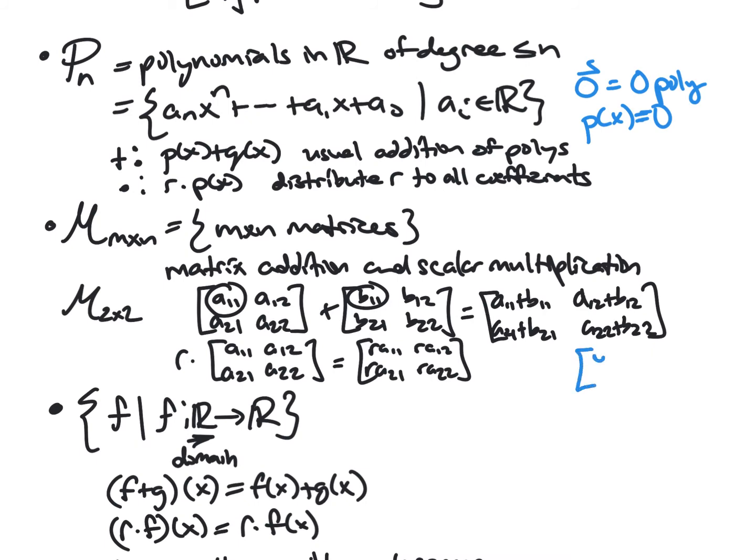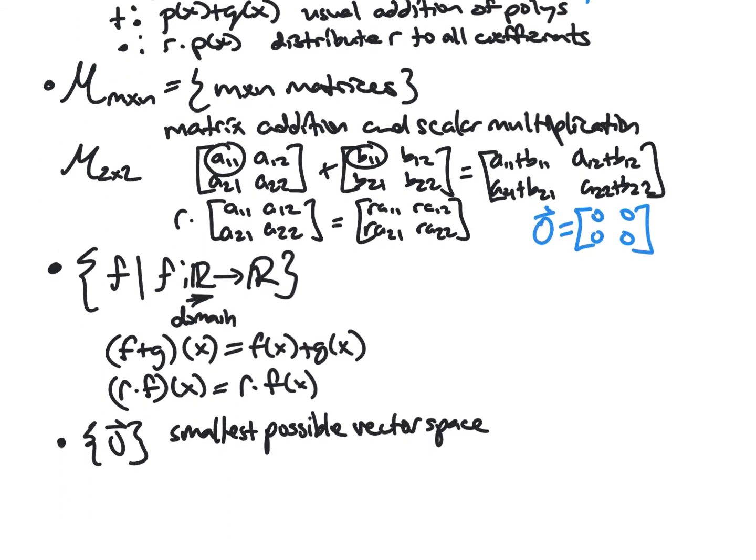For 2 by 2 matrices, it's going to be the zero matrix, basically the matrix with all entries 0. For functions from the reals to reals, we have the zero function, right? The function that is constantly 0. You can think of the horizontal line, the x-axis. This is your zero vector. And of course, in the zero vector space, the zero vector is your zero vector.